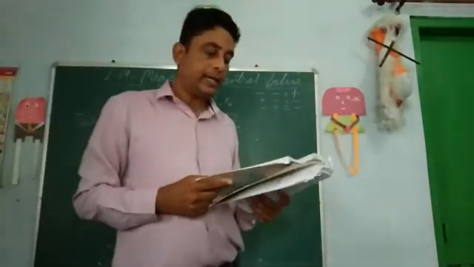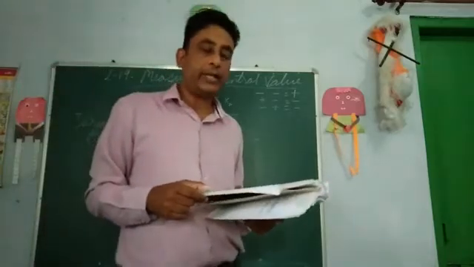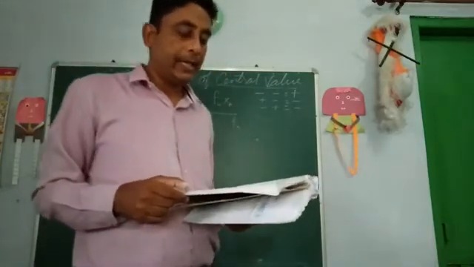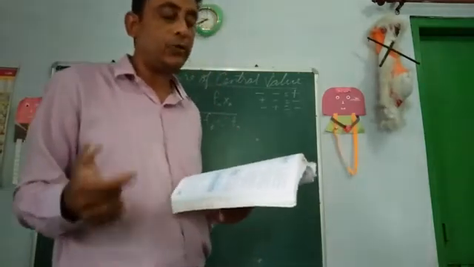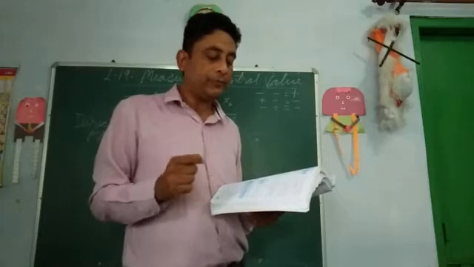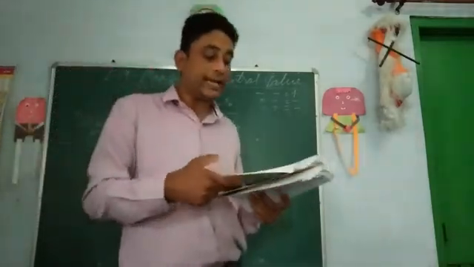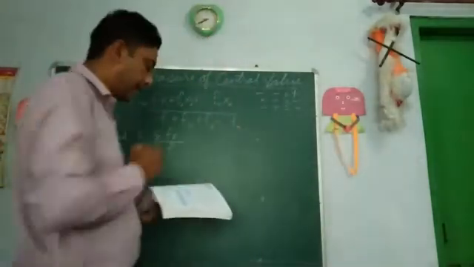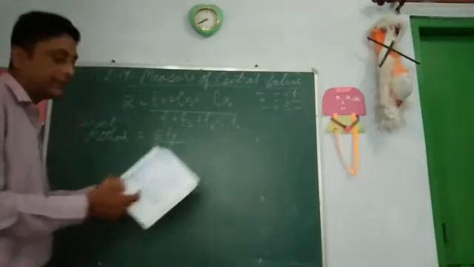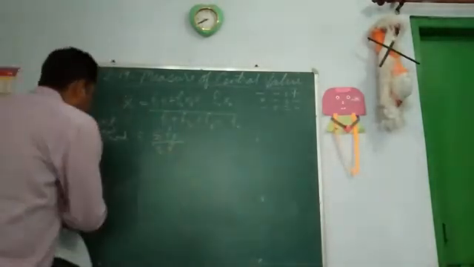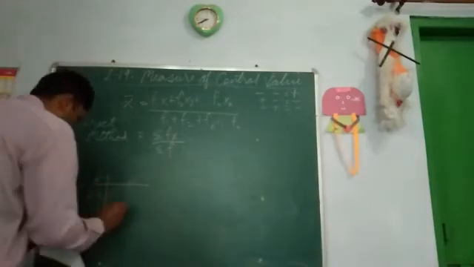Now in example 3, the distribution of age at marriage of 50 males is given below. Age in years: these are people of different ages, 20, 21, 22, 23, 24, 25, and the number of males getting married at this age. Calculate the arithmetic mean using the direct method. Age in years is x, as in the formula: 20, 21 and so on.